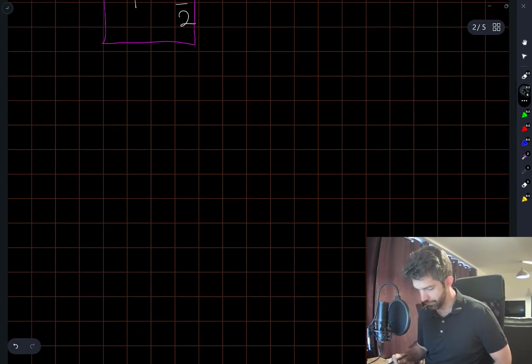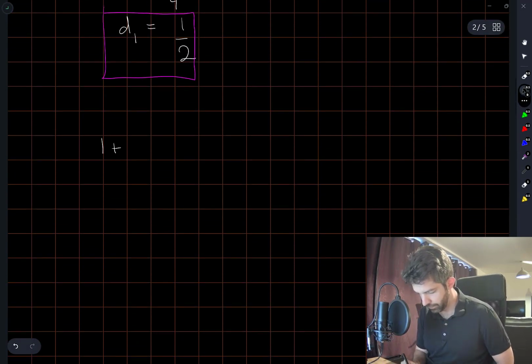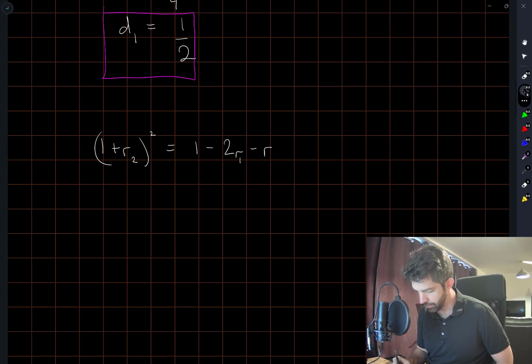And so I have (1 plus r2) squared is equal to (1 minus 2r1 minus r2) squared plus 1.